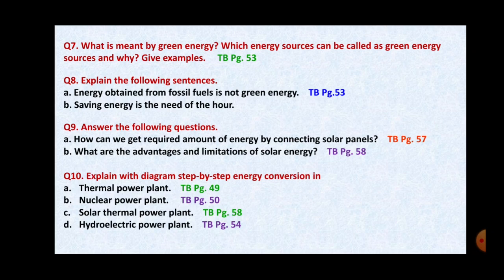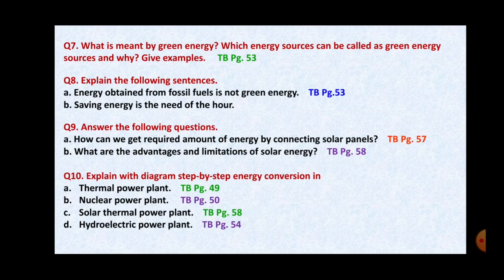Next is hydroelectric power plant. That is again given on page number 54 in your textbook. Open page number 54. On top of the page, energy transformation in hydroelectric power plant, figure 5.16.